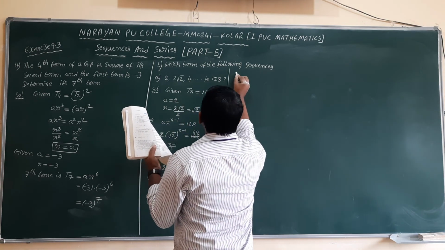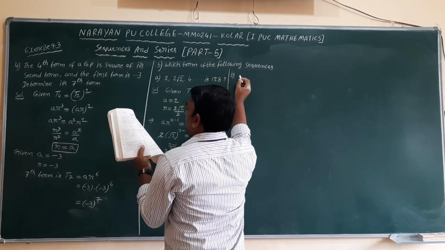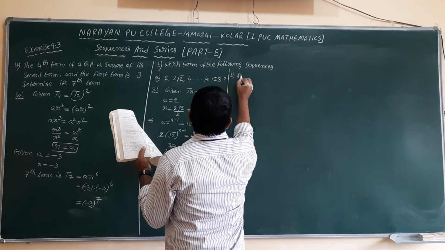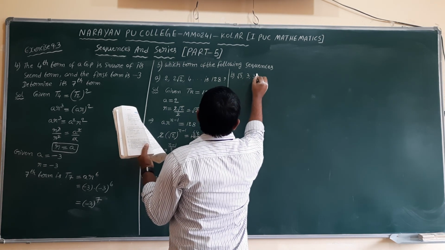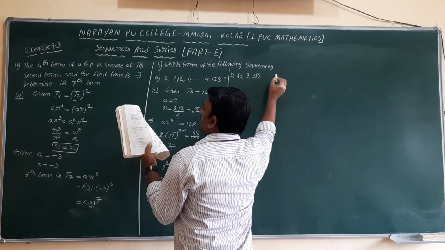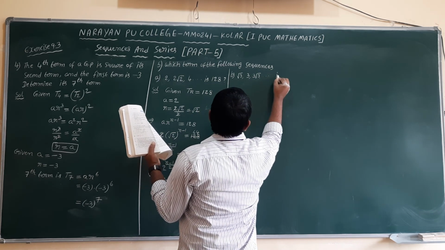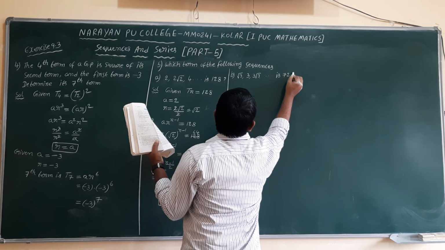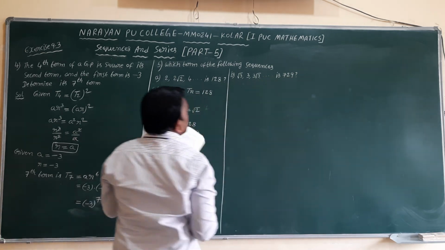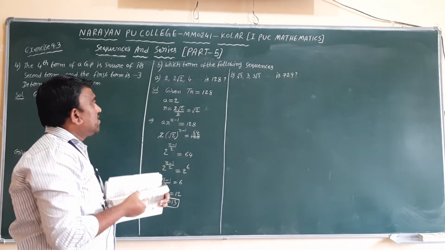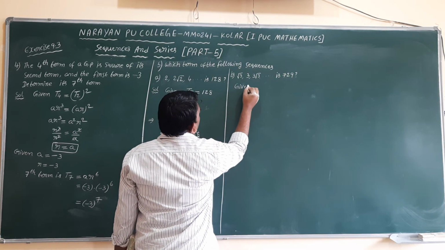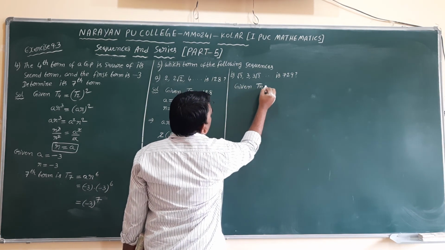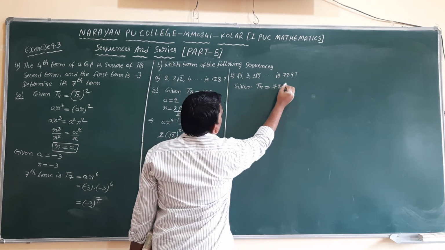Next, B. Root 3, 3, 3 root 3 and so on is 729. So which term will give 729? Same thing. Given Tn equal to 729.